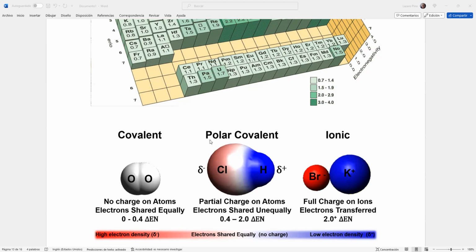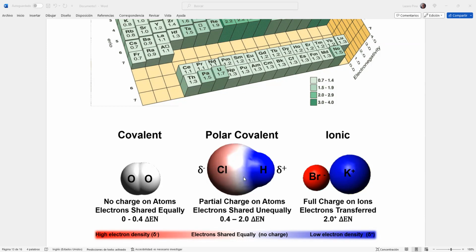In the case that the difference is between 0.4 and less than 2, then the bond is covalent but polar. Then it's polar covalent, like the case of chlorine with hydrogen.